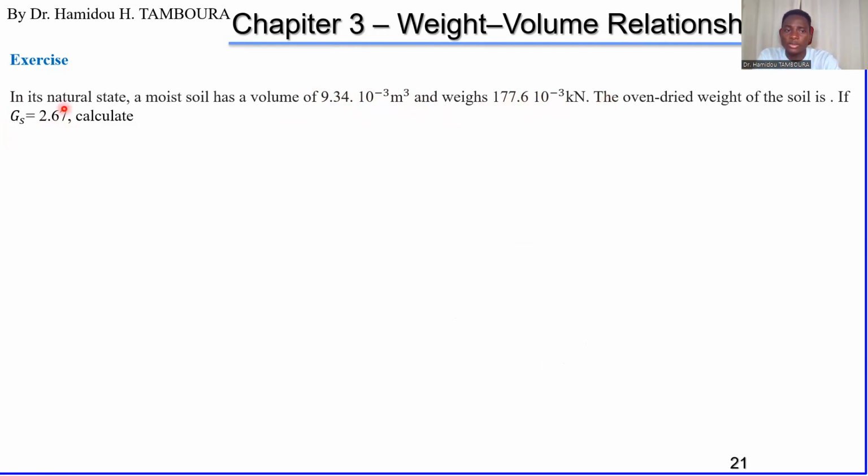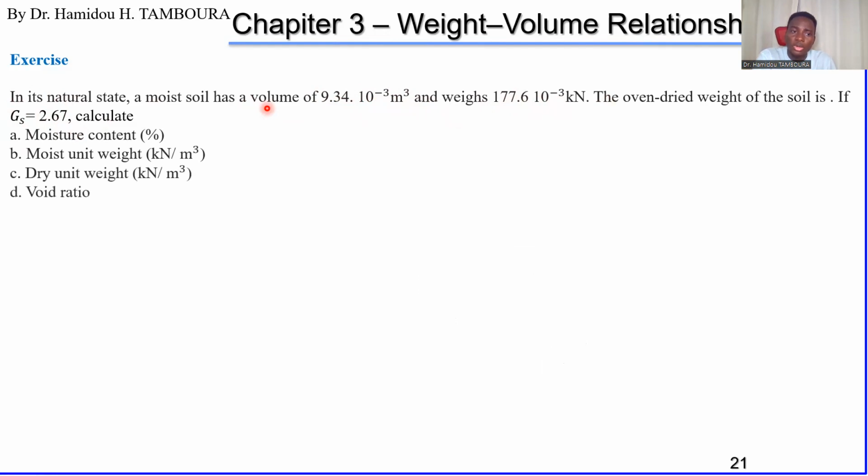Here we have the specific gravity of the soil, 2.67. We are asked to calculate the moisture content, the moist unit weight, dry unit weight, void ratio, porosity, and degree of saturation.